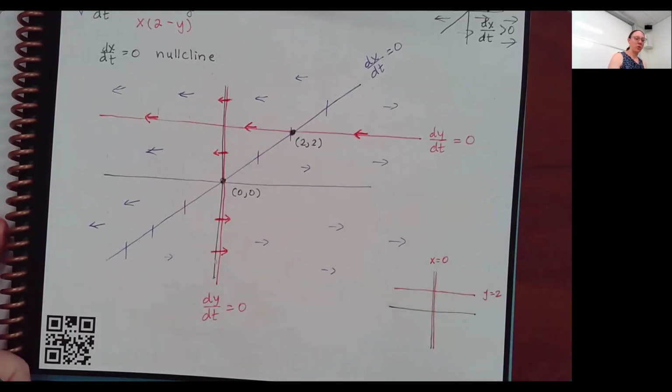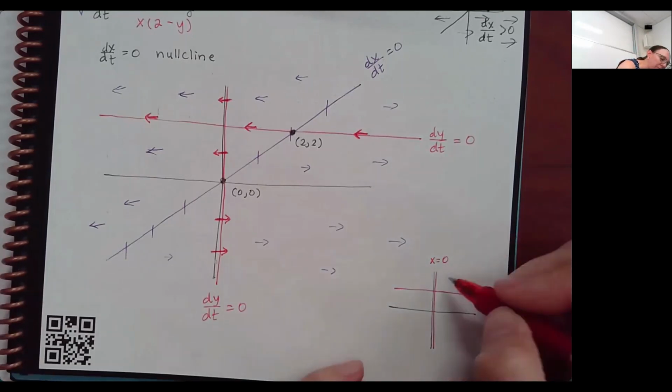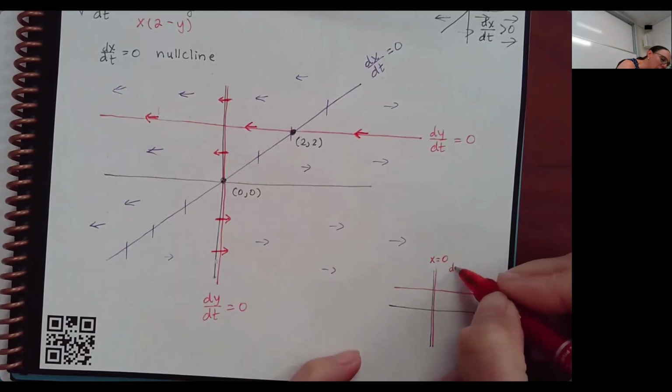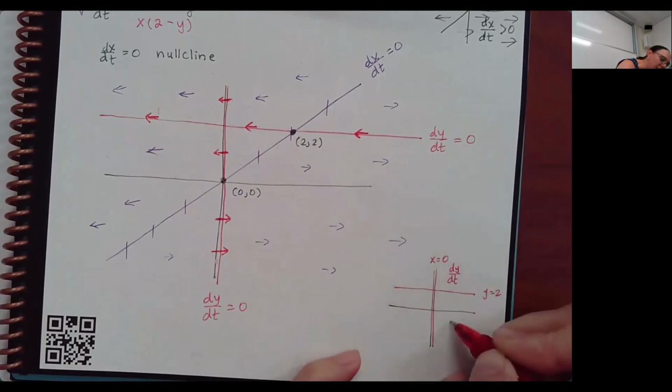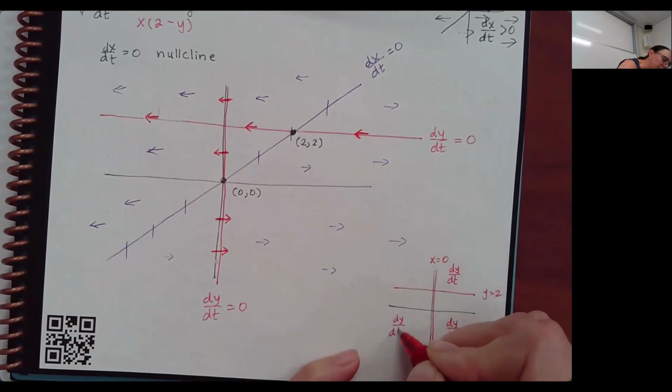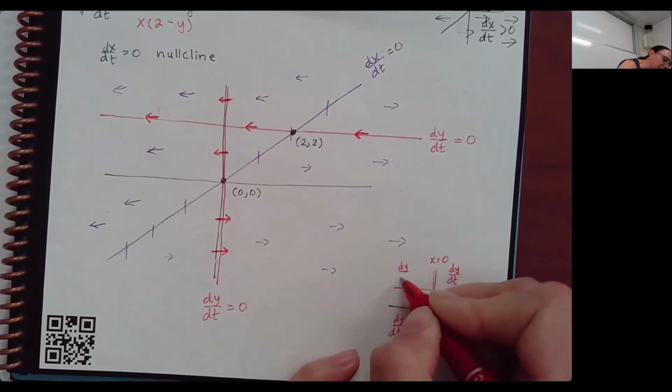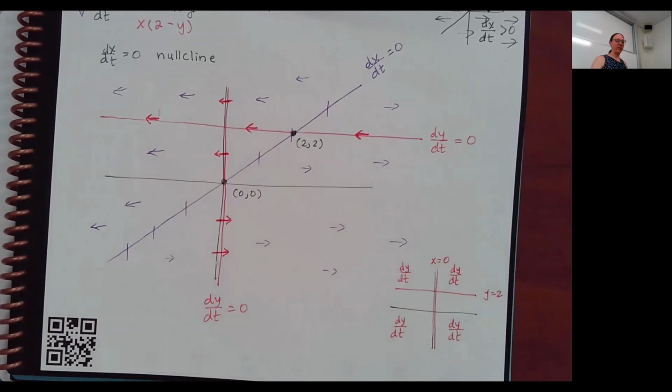So in each of those 4 quadrants, I'm looking for what the sign of my dy dt is. Is it greater than 0 or less than 0?